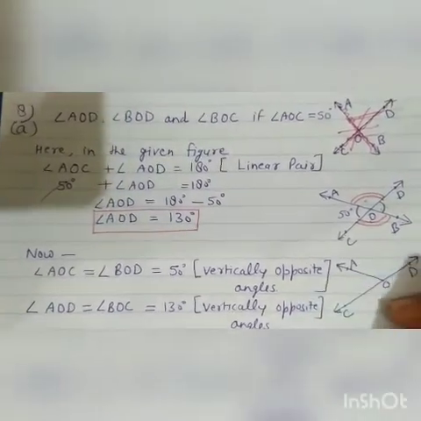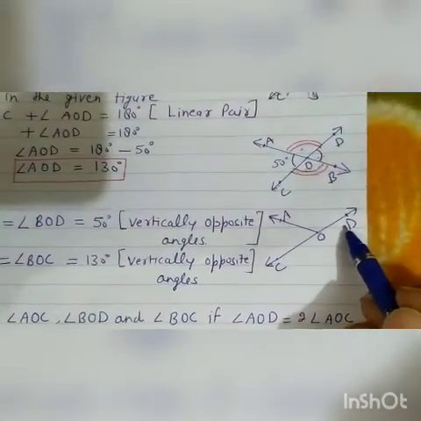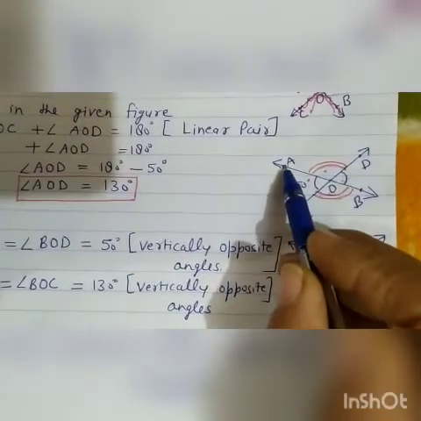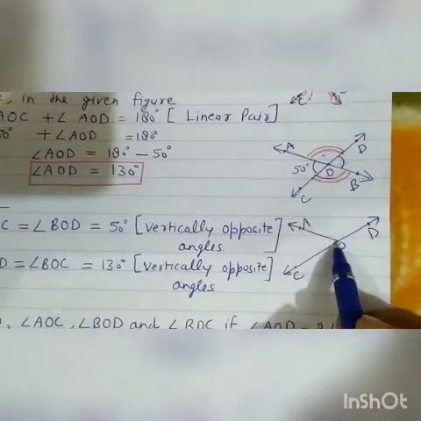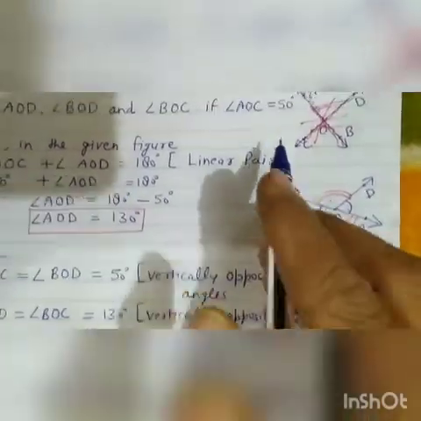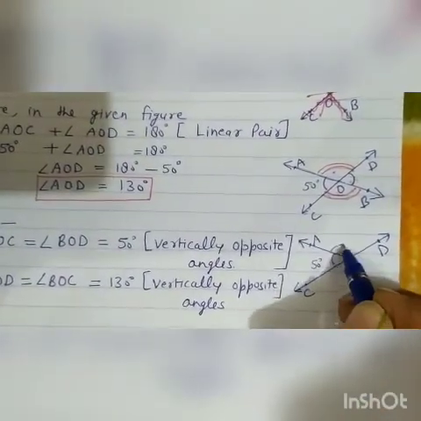So students, I have taken the first half figure. This one is the figure. I have taken this line CD and this half line AO. Then this angle AOC is 50 degree, which is given in the question, and this angle is AOD.